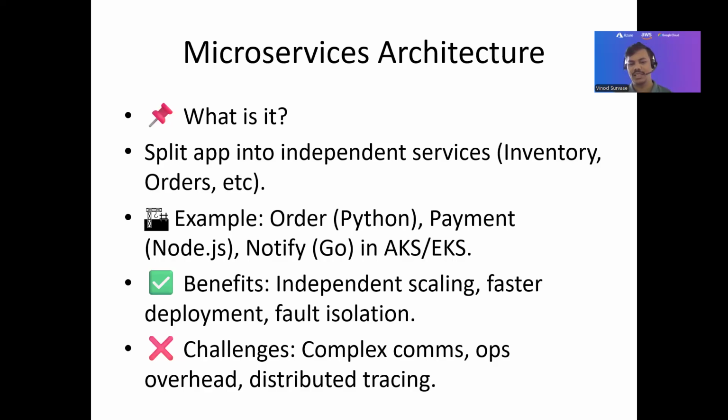And distributed tracing is also one of the challenges, which is not really allowing us to track each and every action of each microservice, basically, right? So that way it is going to be pushed together. All right, so let's go ahead.